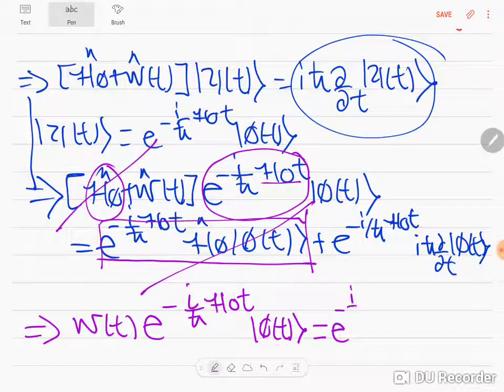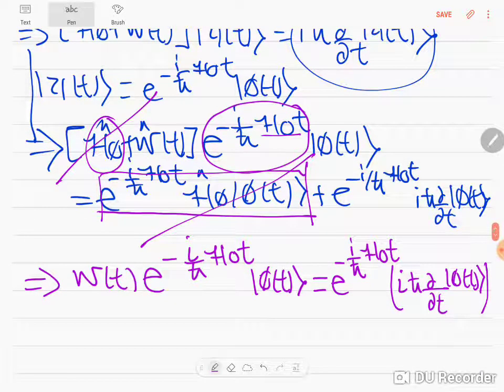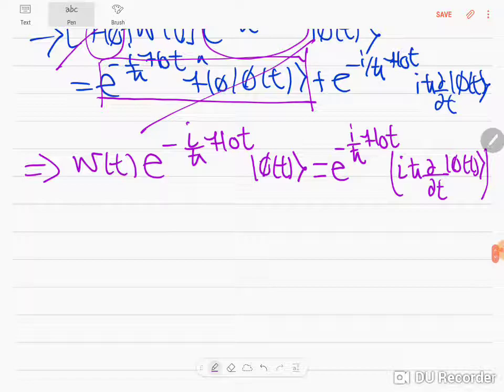e^(-i/ħ H0 t) times iħ times the time derivative of the state |φ(t)⟩. This is actually our equation, and we just need one more step to simplify this in the way we want.